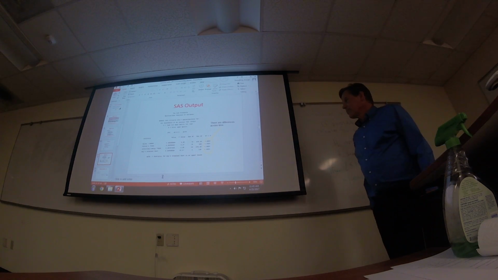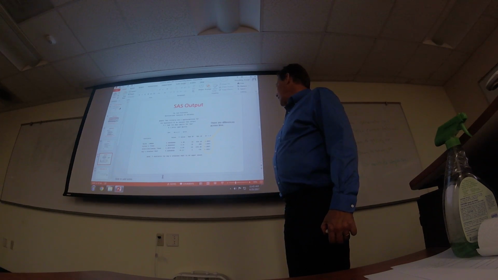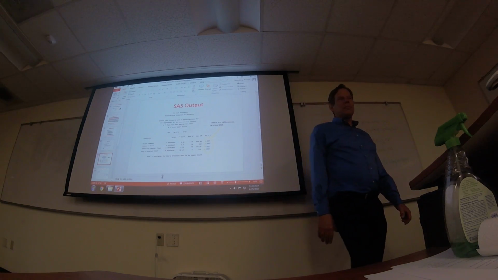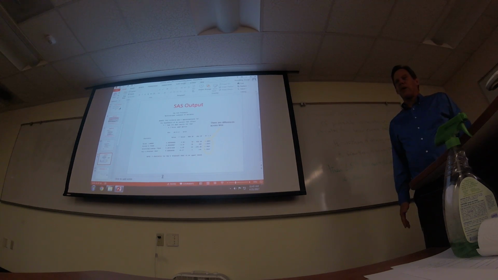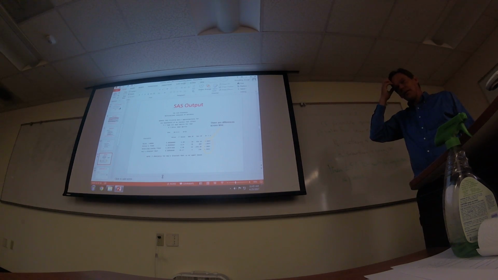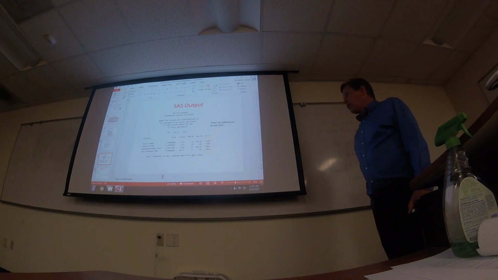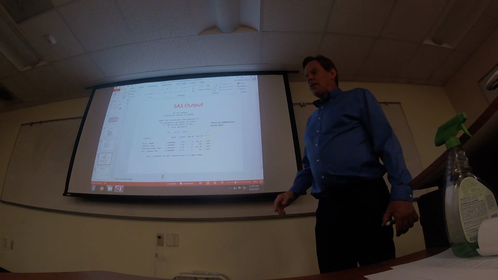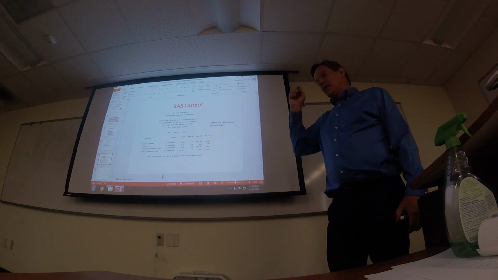Fortunately, in this case, they're all small. So the sentence in the paper is: using MANOVA, all 4 common methods yielded p-values less than 0.0001.